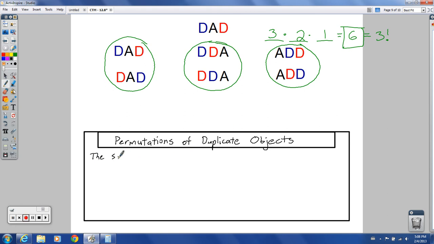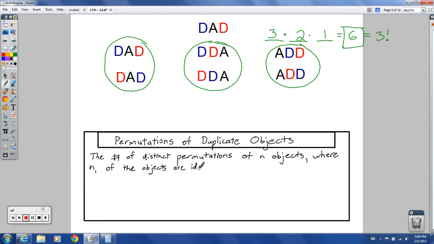Here's how we do it. The number of distinct permutations of n objects where n sub 1 of the objects are identical, n sub 2 of the objects are identical, and that pattern is going to continue.